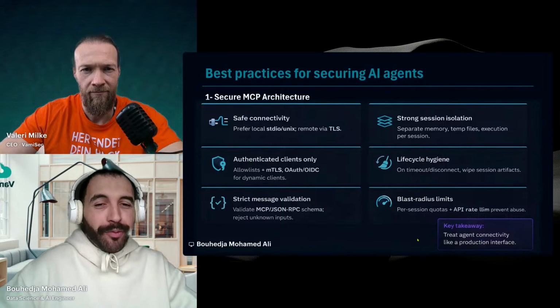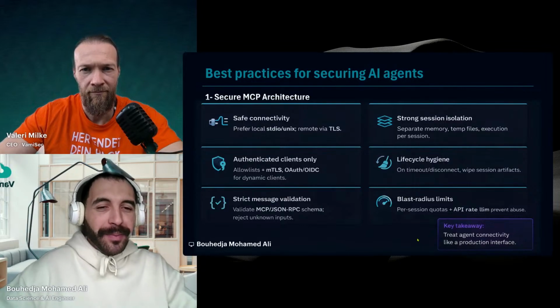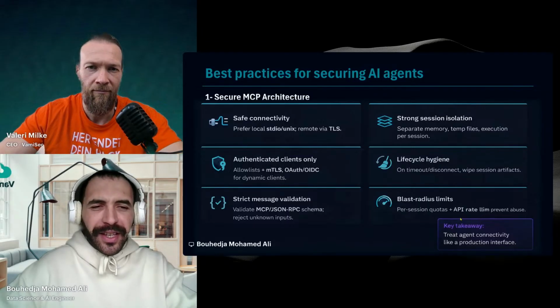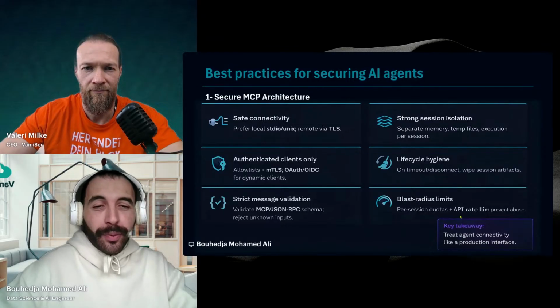Fourth, practice lifecycle hygiene: wipe session artifacts on timeout or disconnect to avoid leftover data persisting. Fifth, implement strict message validation: check the MCP JSON-RPC schema and reject unexpected inputs, so only well-formed messages are accepted.